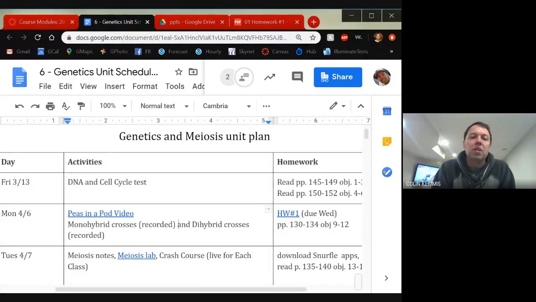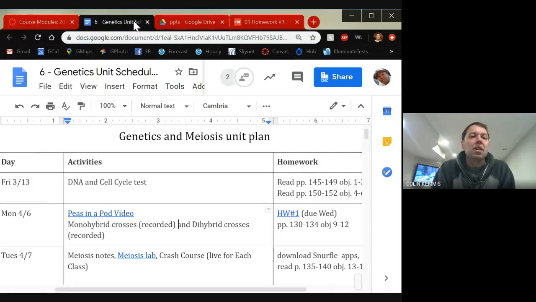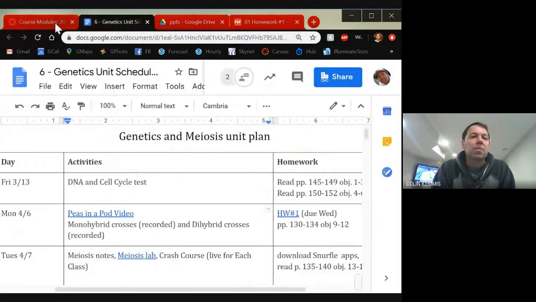You can probably do pages 1 through 3 now of the homework. That's the monohybrid cross. So you can look at that one. That is linked here in the schedule. It's also in the resources folder if you go to assignments.